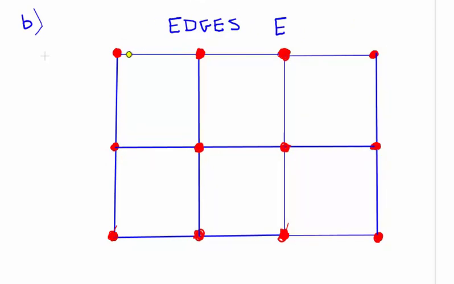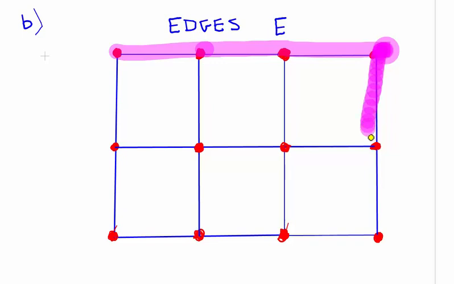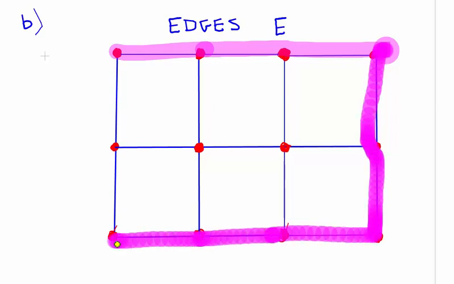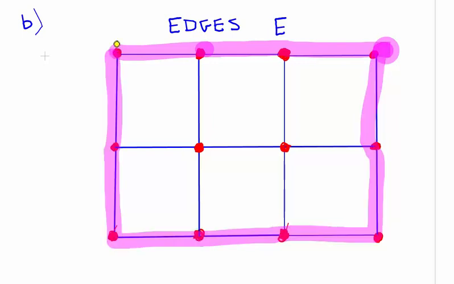So what I'll do here is count out the external edges, the external boundary. 1, 2, 3, 4, 5, 6, 7, 8, 9, 10. So 10 in the external boundary. Let's make a note of that. And then the internal edges: 1, 2, 3, 4, 5, 6, 7.